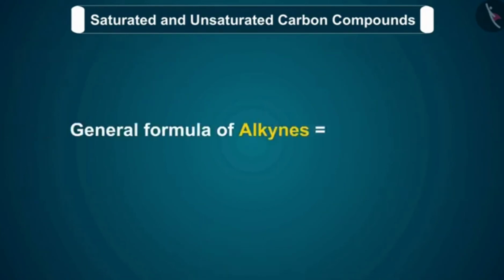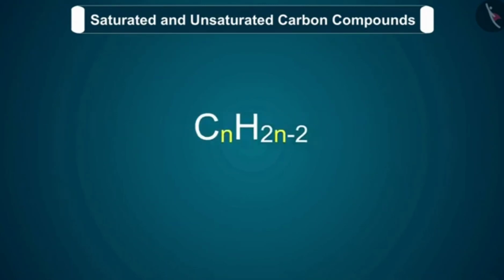The general formula of alkynes is CnH2n-2, where n is the number of carbon atoms in one molecule of alkyne. Let us discuss this with the help of examples. 1. If an alkyne has 2 carbon atoms in its molecule, then n is equal to 2.